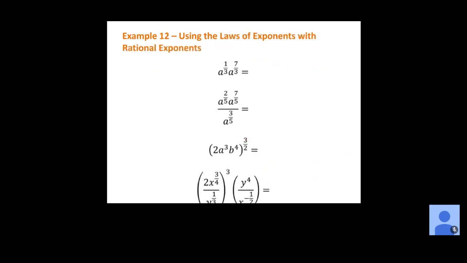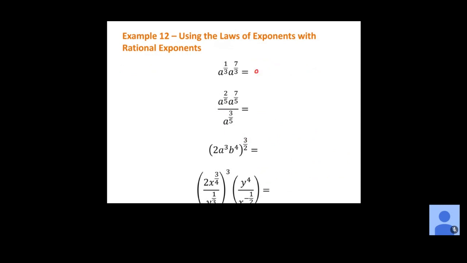All right. So now we've got some variables here. So we want to work on combining and simplifying. So if we've got a to the 1/3 times a to the 7/3, what would be the first step to that problem? Good. So we're multiplying bases. We would add the exponents.